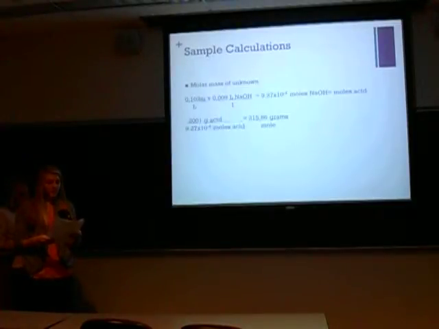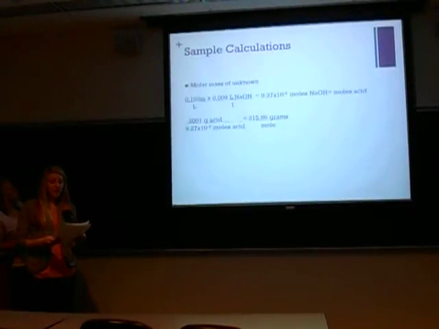Since the products and reactants are in a 1-to-1 ratio, the moles of sodium hydroxide also equal the moles of acid. Using 0.2001 grams of unknown acid divided by 9.27 times 10 to the negative 4 moles of acid leaves the molar mass at 215.86 grams per mole.